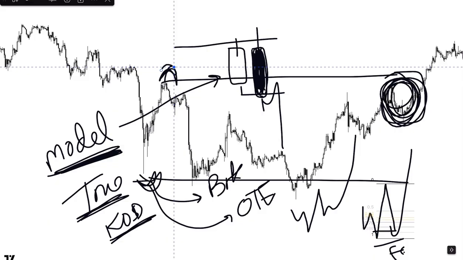Kiss of death is going to be in the upper 25% of a bullish range, or in the lower 25% of the bearish range, right? These are ideal. These are the officially designated rules and roles of each of these models.